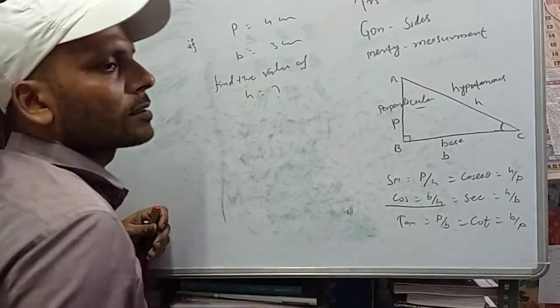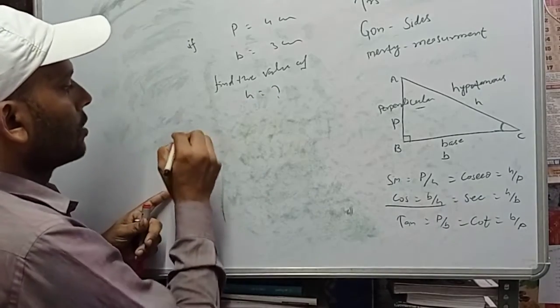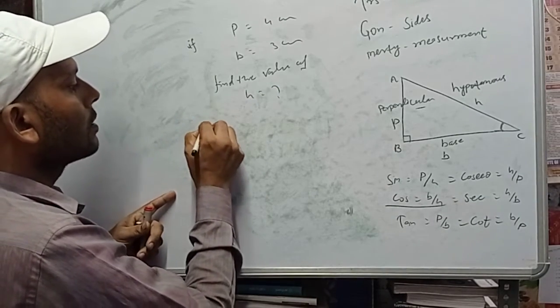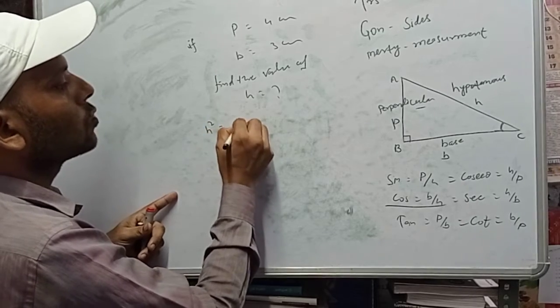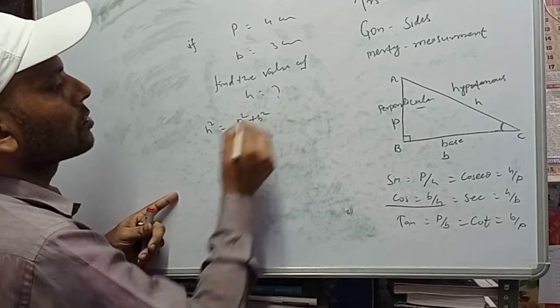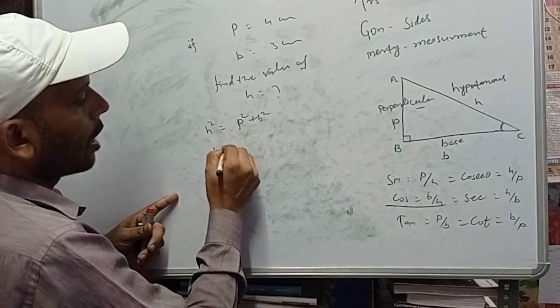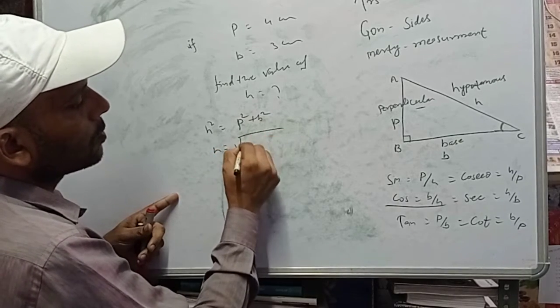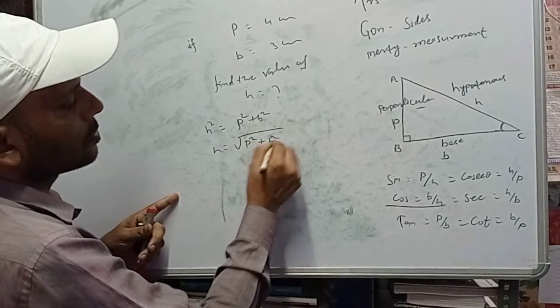Put the formula. Hypotenuse square is equal to perpendicular square plus base square. Hypotenuse is equal to under root perpendicular square plus base square.